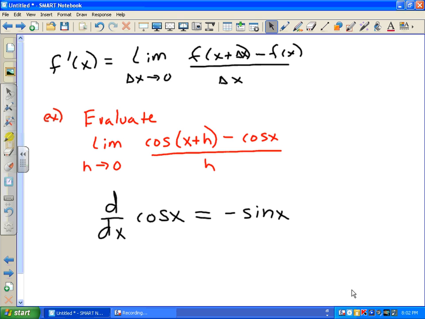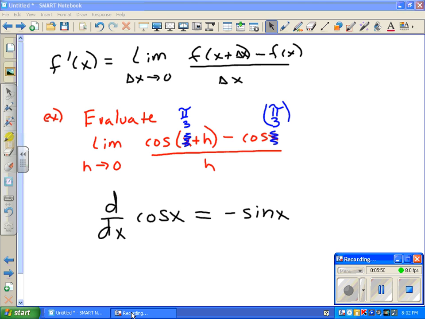If, by chance, we were asked a slightly different question, where instead of x we were given pi over 3, we are asked to first evaluate the derivative of cosine and then plug in pi over 3 into our derivative.